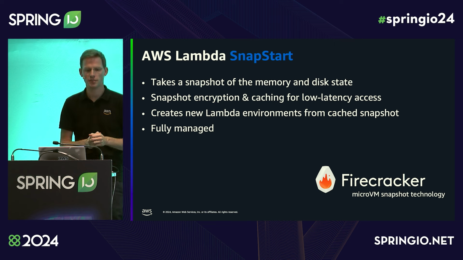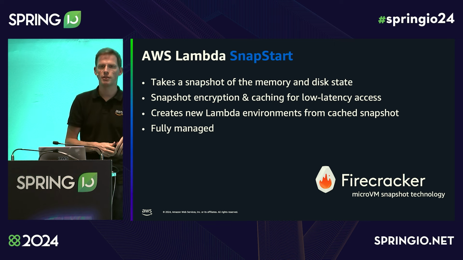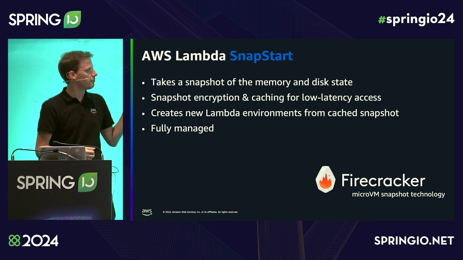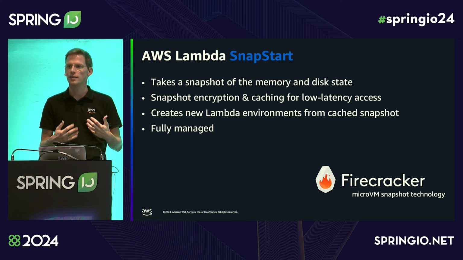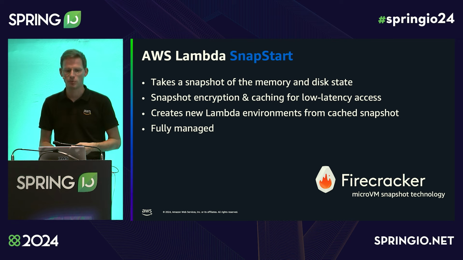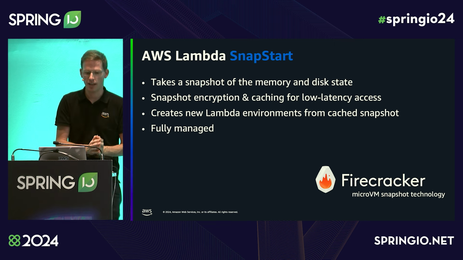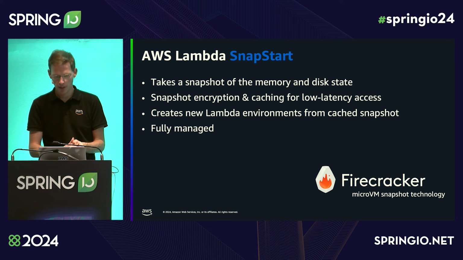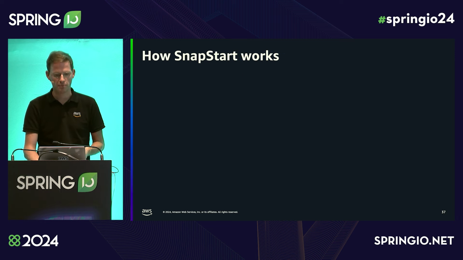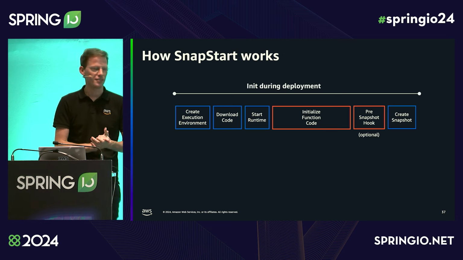If you have been to the other talks, it's a whole micro VM, including memory and disk state. And then once the request arrives, we can restore it from a low latency cache. So we create the environment from the initialized JVM, and that's why it's faster. And it's fully managed, so there's no additional hassle for you. You just tick the checkbox and say, I want it.